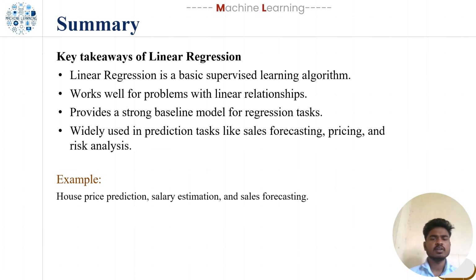The equation y equals mx plus c makes it easy to interpret. Why does it matter? It allows us to make predictions and understand trends and the quality of the relation between the variables. It's widely used in real life applications like house price prediction, salary estimation, demand and sales forecasting, and risk analysis in finance.